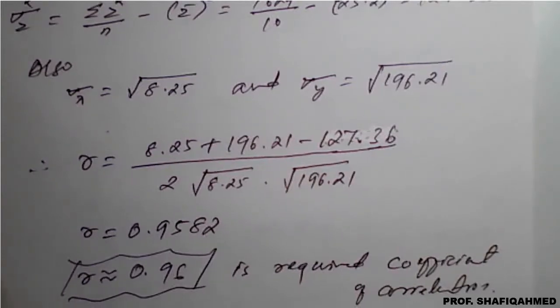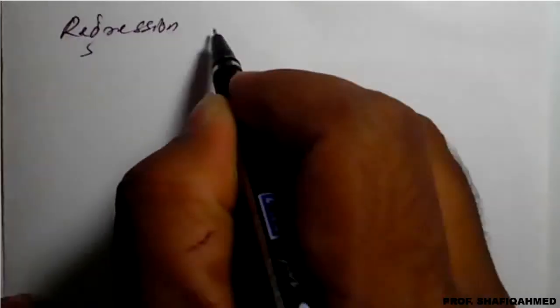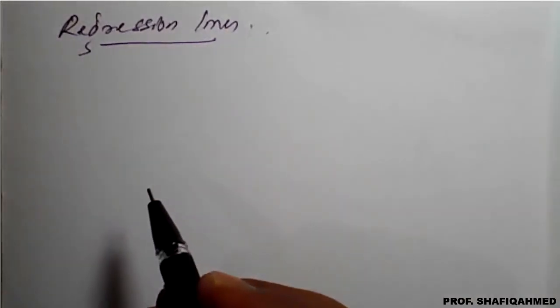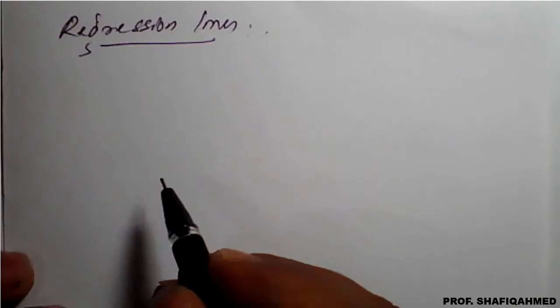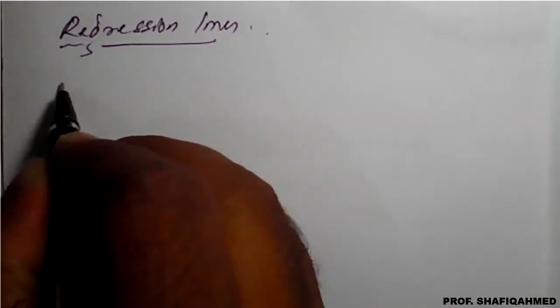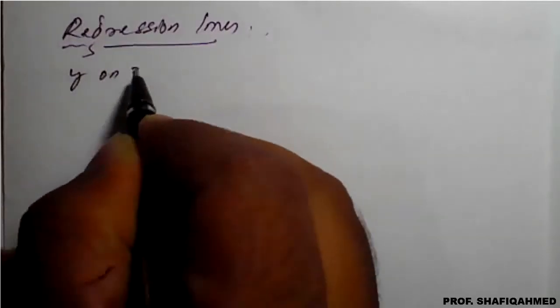So we'll see how to find the regression line now. As you know, regression lines, we have y on x and x on y. So I will take y on x.